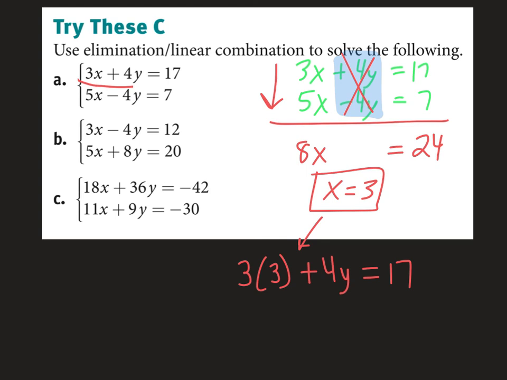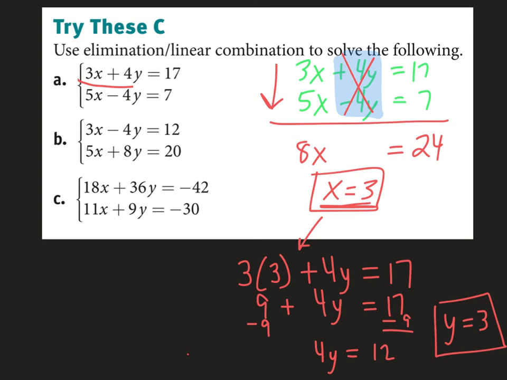I'm just back substituting the answer that we got in for that x. 3 times 3 is 9, plus 4y equals 17. We can then subtract 9 on both sides of the equation. 4y will equal 12. And when we divide both sides by 4, 12 divided by 4 gets me y equals 3. So our solution was the point (3, 3).